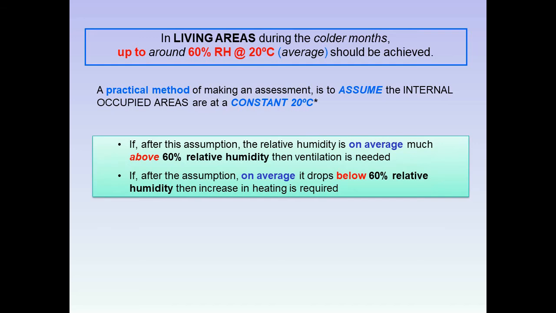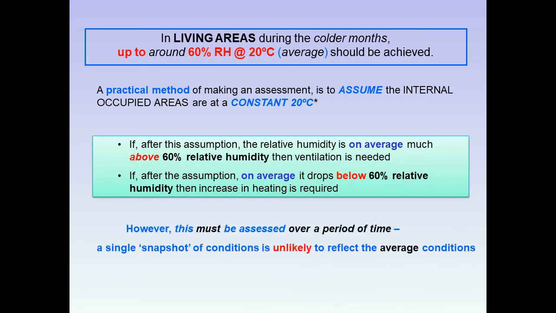If after that assumption the relative humidity is, on average, much above 60%, then ventilation is needed. If after that assumption, on average, it drops below 60% relative humidity, then an increase in heating is required. However, this can only be assessed over a period of time. A single snapshot of conditions is unlikely to reflect the average condition.